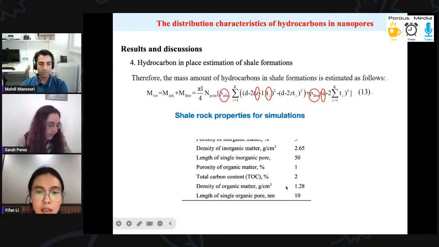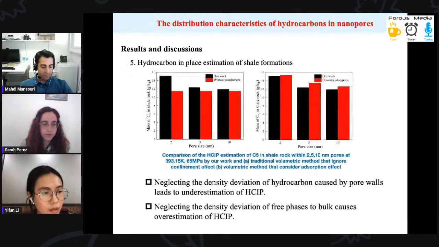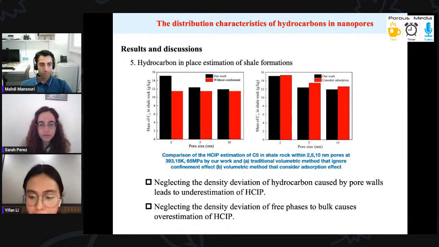And here are some shale rock properties for our calculation. Here are the results of hydrocarbon in place estimations by different methods. The method colored by the red column is the method where we do not consider the confinement.